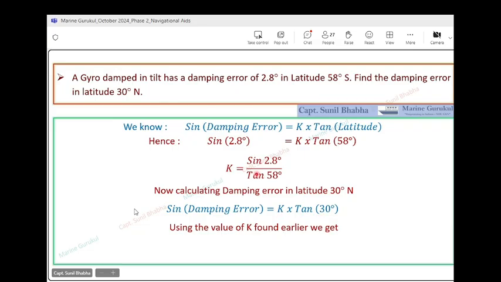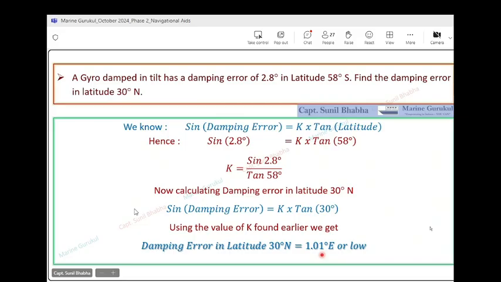Using the value of K as sine of 2.8 degrees divided by tangent of 58 degrees, you put it in the calculator, you will get the damping error in latitude 30 degrees north as 1.01 degrees east or low. As you put the value of K in the calculator, it will give you the magnitude as 1.01 degrees.